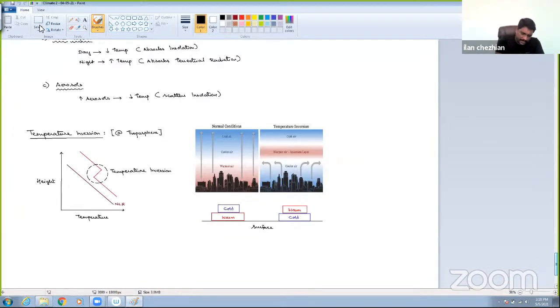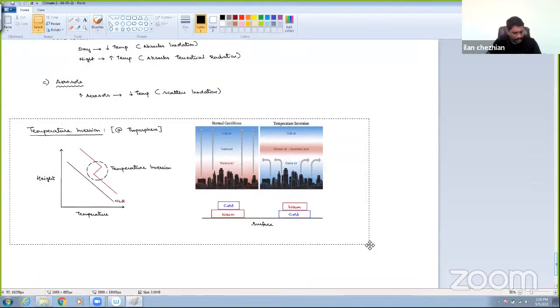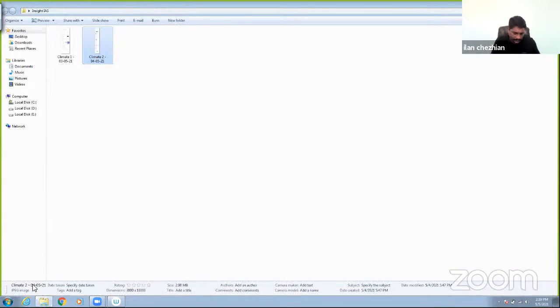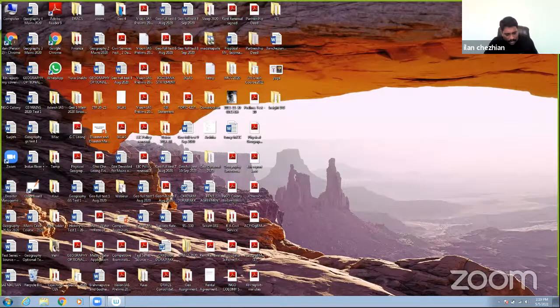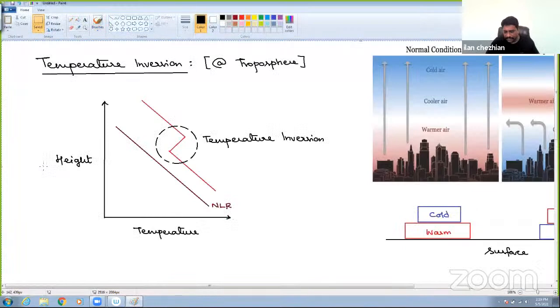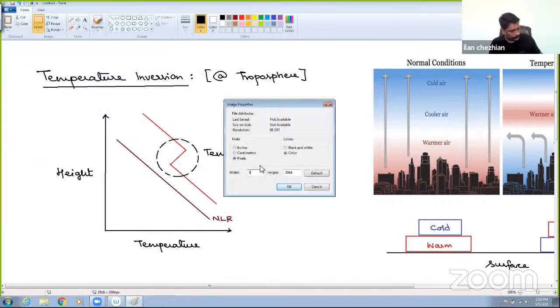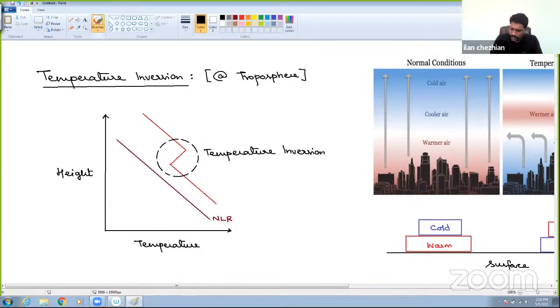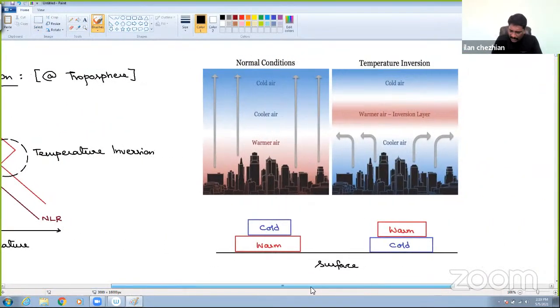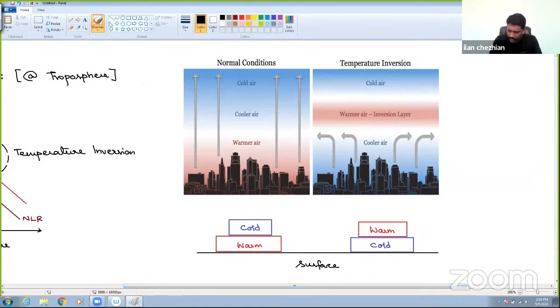Only thing is that formally we should write what temperature inversion is. My dear friends, one more thing: I am just giving you a situation.